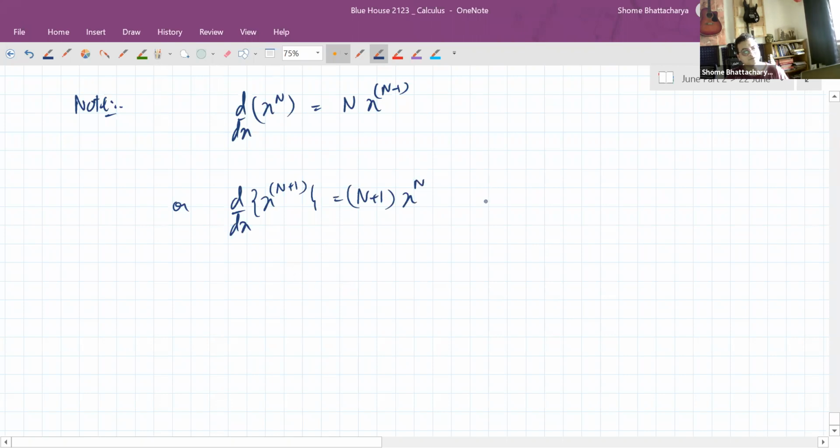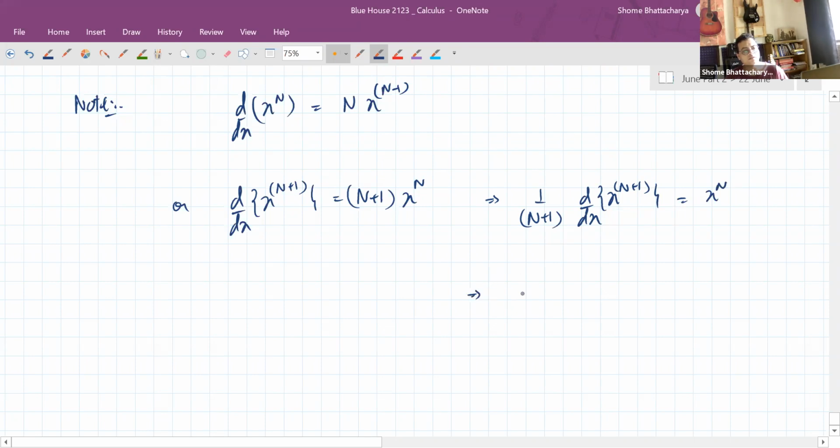So now I can also say that if I divide both sides by n plus 1, one upon n plus 1 times the derivative of x to the power n plus 1 is x to the power n.